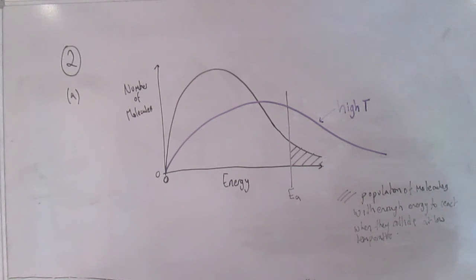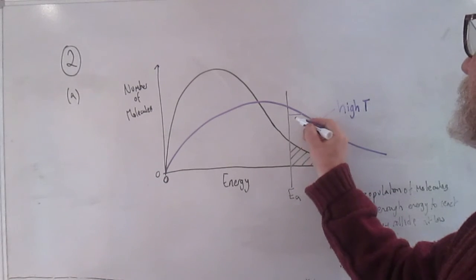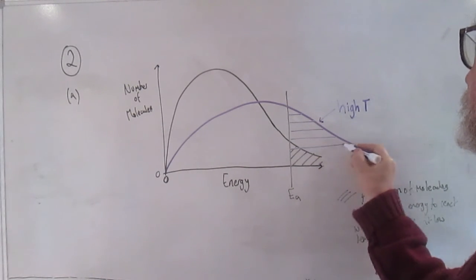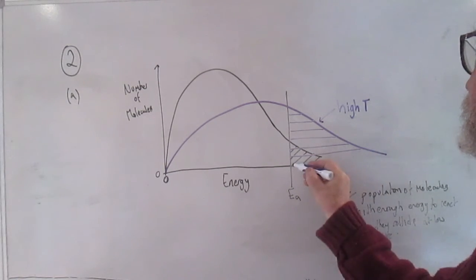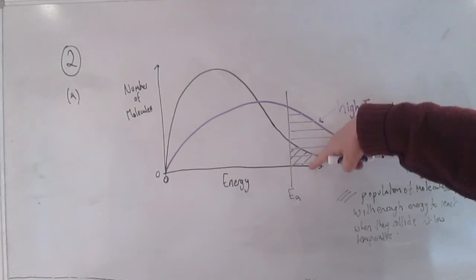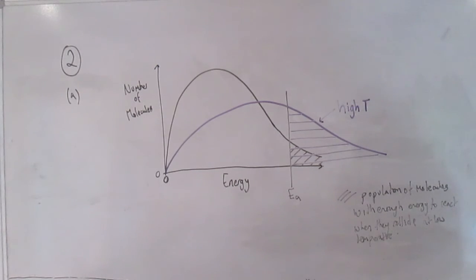And we can do exactly the same thing at the higher temperature, because that's now this curve, and so we can use a different shading, so something like this. And you can see then that there's a much bigger population of molecules, a bigger proportion of the total have an energy greater than the activation energy at higher temperature.